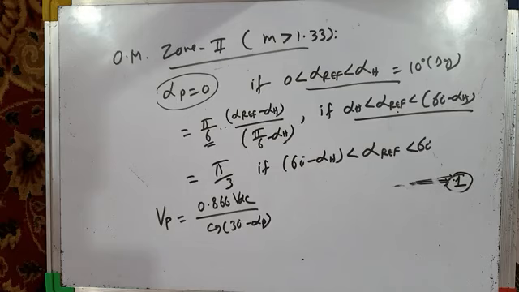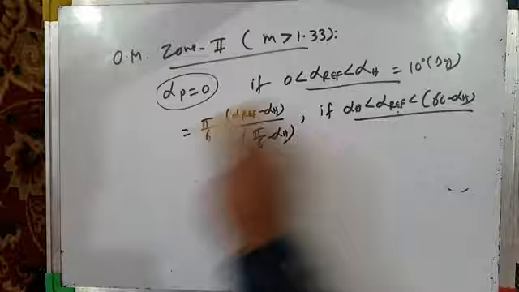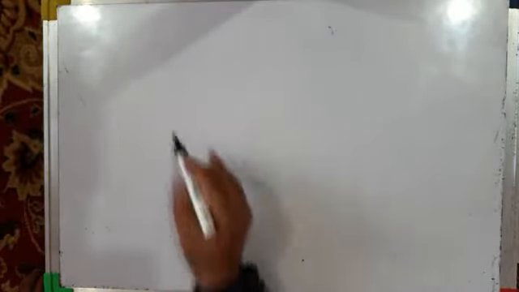And I have already told you that in overmodulation zone 2, only 2 active vectors, 1 and 2, are applied, and no null vector is applied. So therefore, using volt-second balance, how can you calculate dwell times?